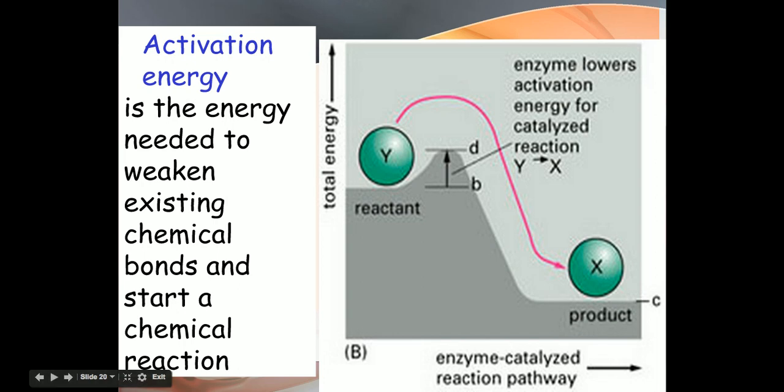Now, in order to turn H2O2 into the products, which are water and oxygen gas, we are going to need to put a little bit of energy in. And if you notice, see how this pink line right here, it peaks up. So that's showing an increase in energy right here before it's able to go back down to form your products. So that energy right there where you see an increase after your reactants, that's your activation energy.